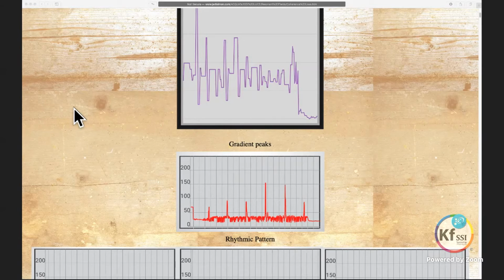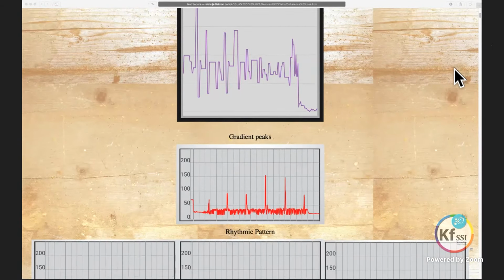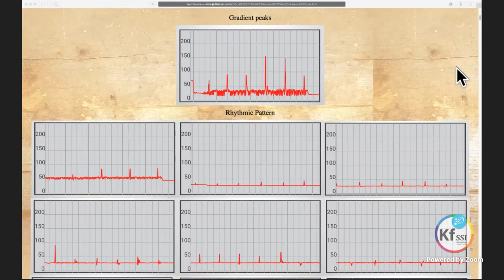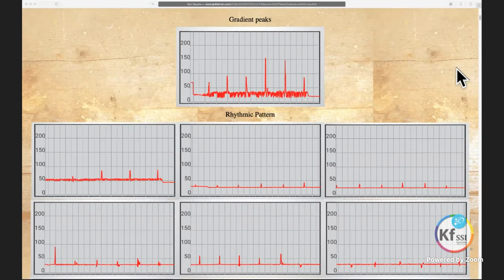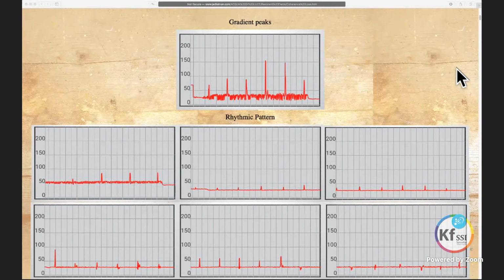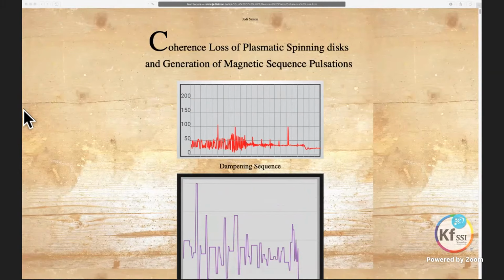That's good. We have pulsations. We have coherence, loss of coherence. So this means something. To the ones that are working within these fields with plasmatic, this is a different understanding. The shape in front of you is changing.